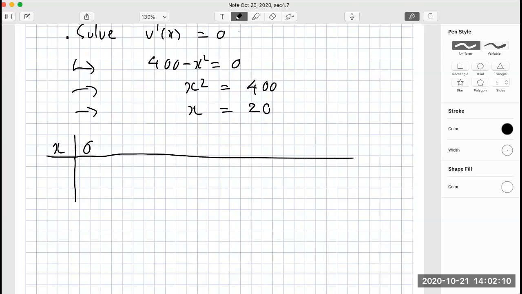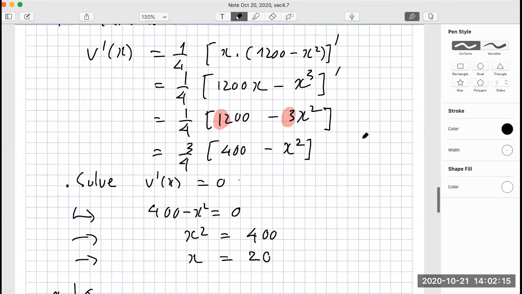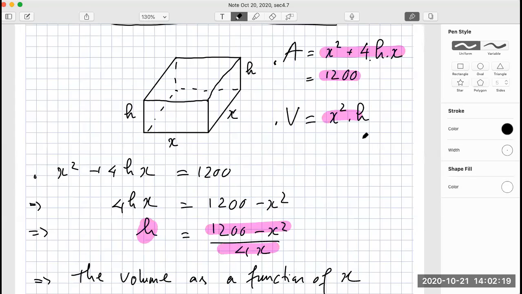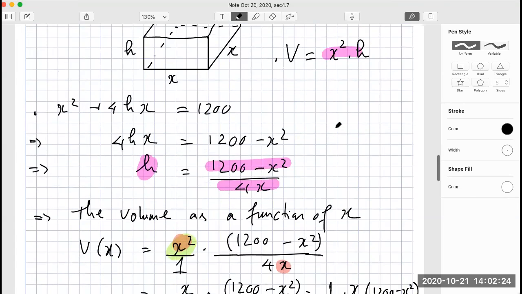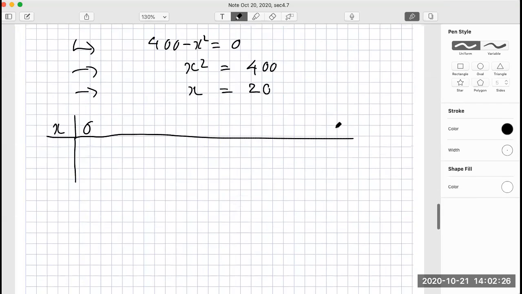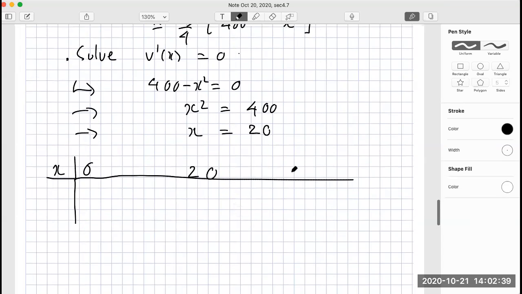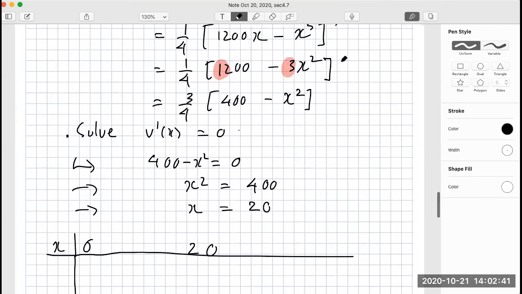The solution here is 20. The maximum possible volume.